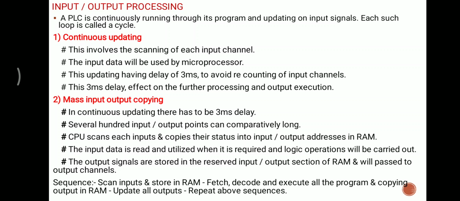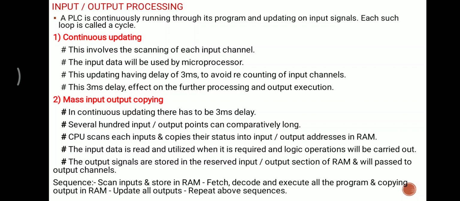The CPU scans each input and copies its status into its input output address in RAM. The input data is read and utilized when it is required and logic operations will be carried out. The output signals are stored in the reserved memory output section of RAM and will be passed to the output channels.